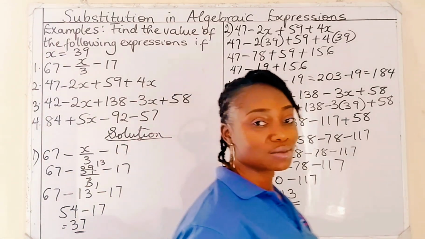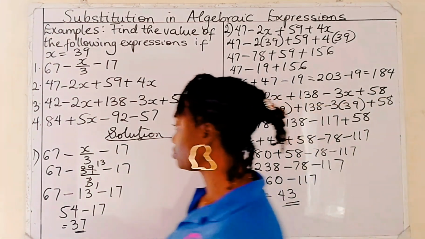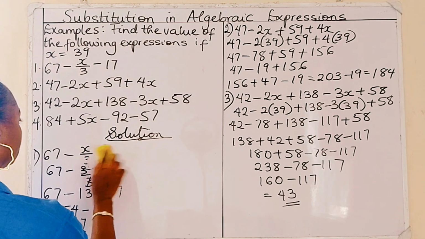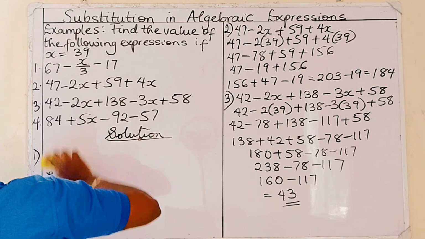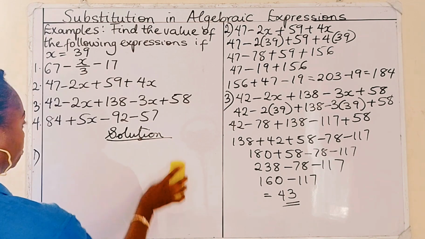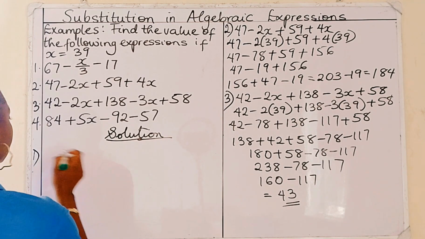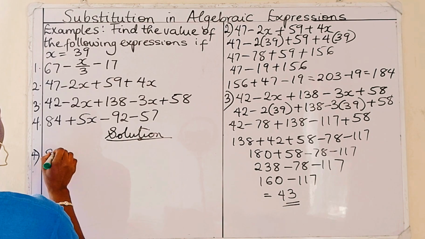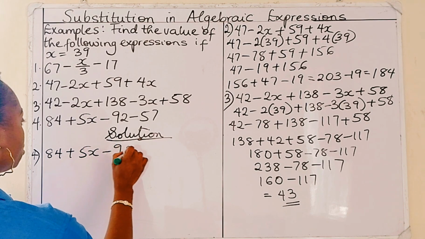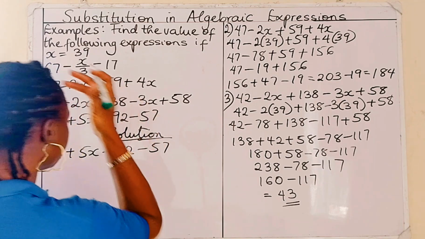Alright, let's move on to question 4. Question 4 says 84 plus 5x minus 92 minus 57.